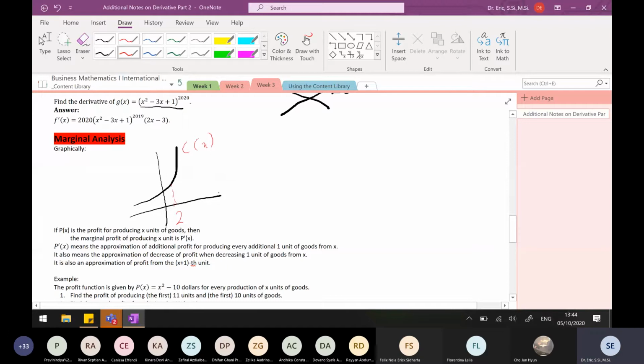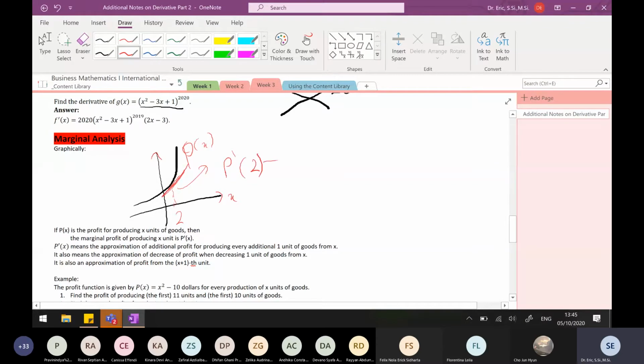Oh, this is a profit function, so it should be P, the profit function. The slope of this tangent line at x equals 2 is given by P prime 2.